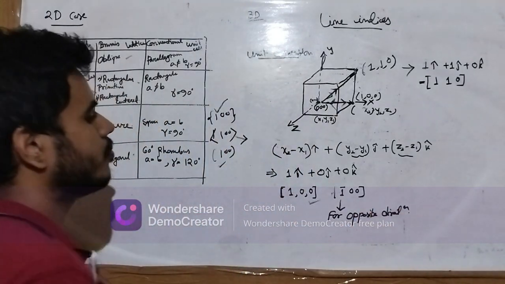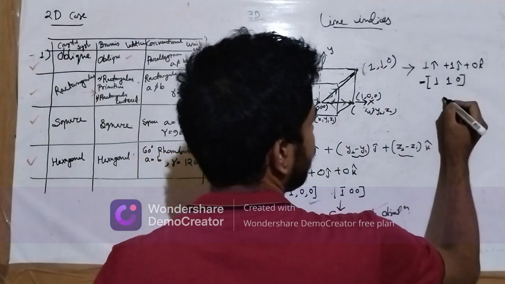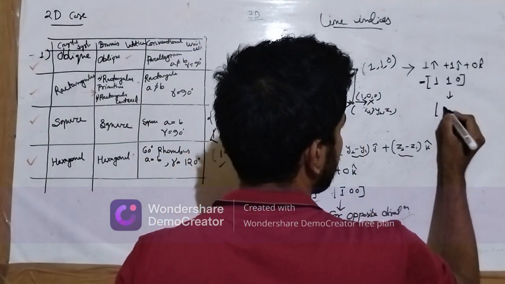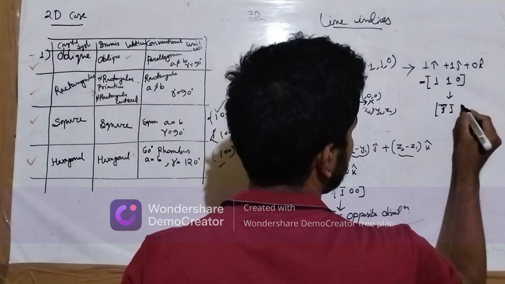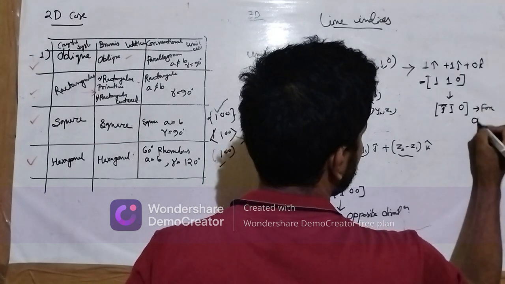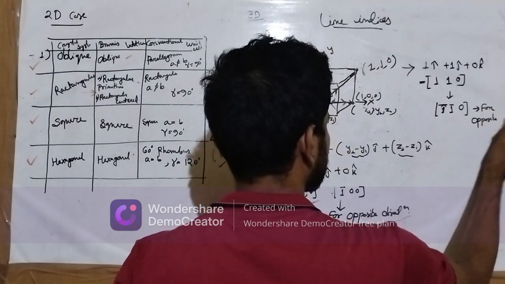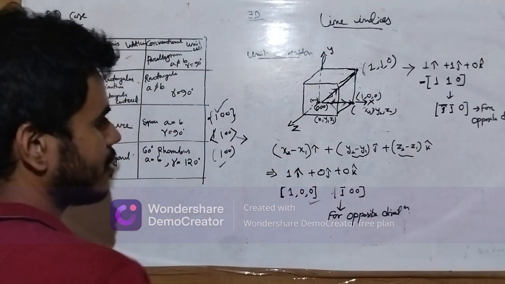So this is for the opposite direction, and if the direction is different, then we use the bar on the 1 for the opposite direction. I hope you understand this line indices part.